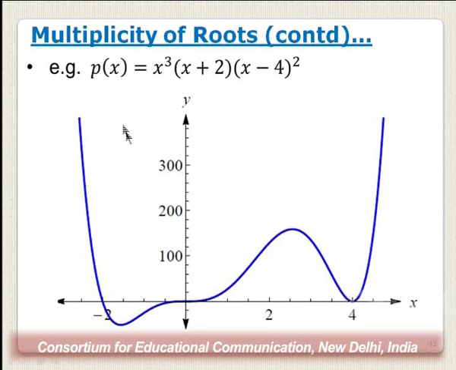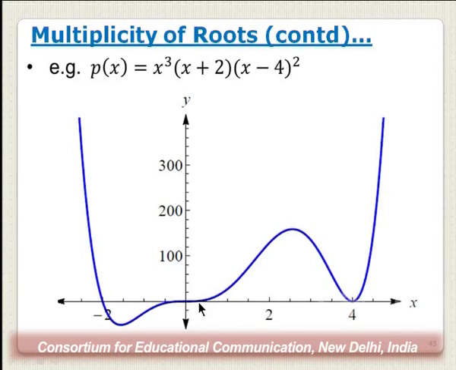Let's take a look at this graph. It's a little ugly, but this is how it is, and let's see what's happening. If you look at this graph, you have a 0 at x equal to 0, and because it's an odd multiplicity, since it's x cubed, the graph is going to intersect the x-axis.